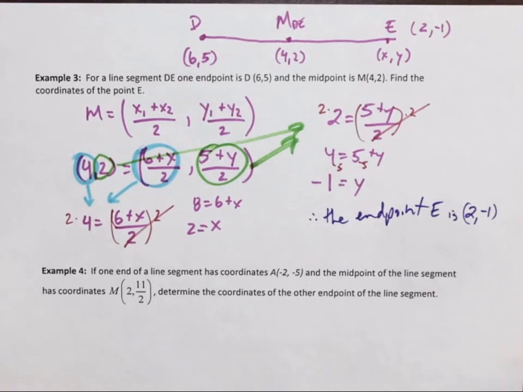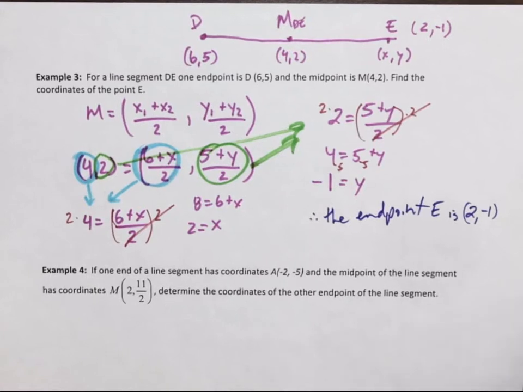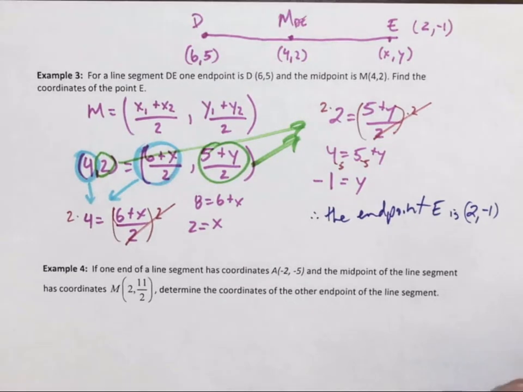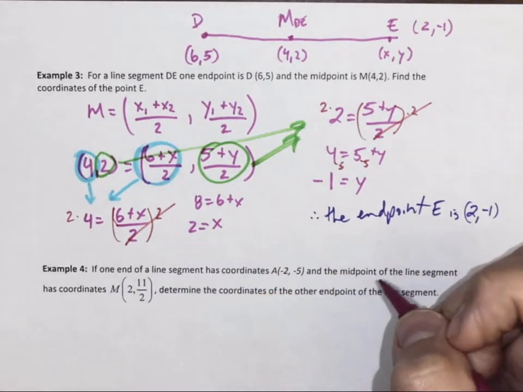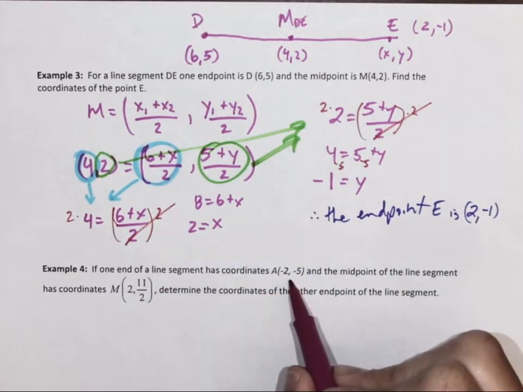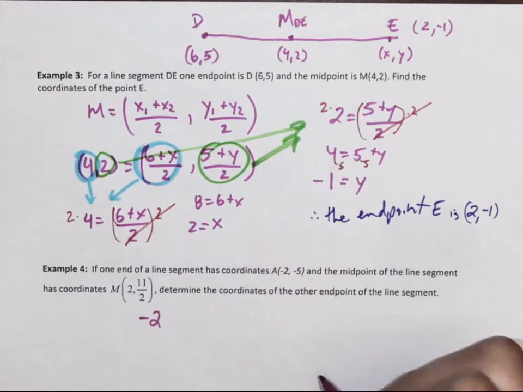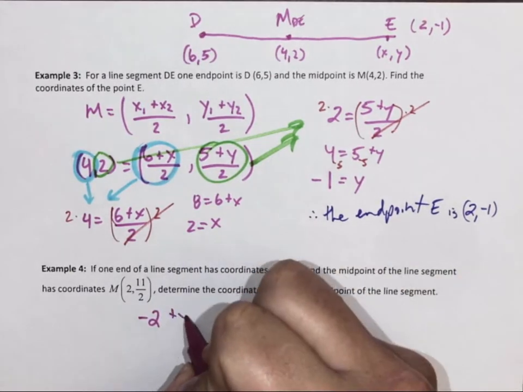Okay. Here's a try. Do it again. Let's see. Can you do that? Give it a try. So we have exactly the same thing. One end of the line segment. We need to know the other endpoint.